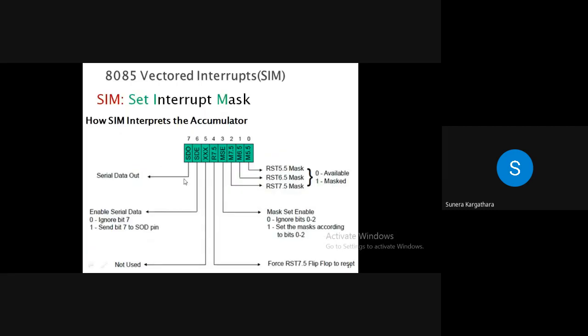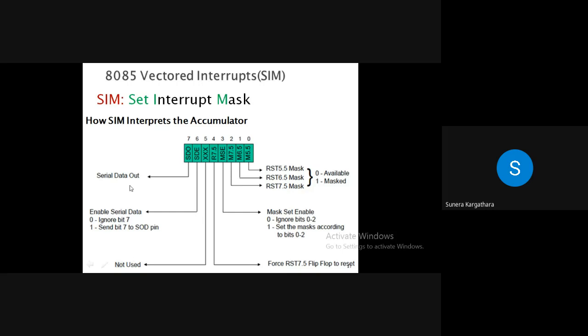SDO is where your data is serially available on the output. Your data is available on the D7 bit of your accumulator. The last bit of your accumulator will be the data that your peripheral wants to send to your microprocessor.